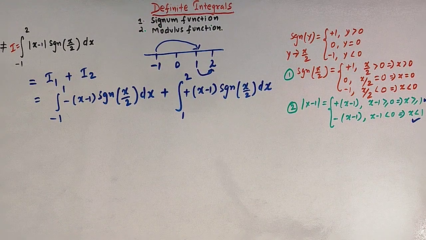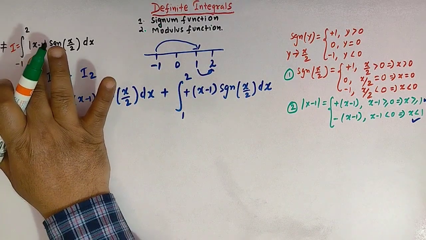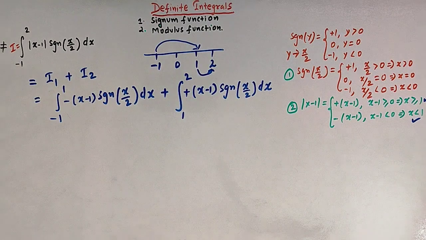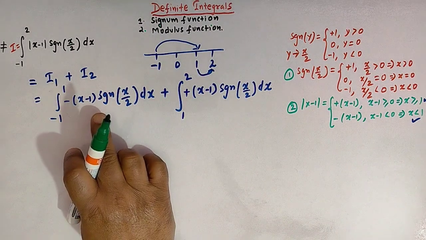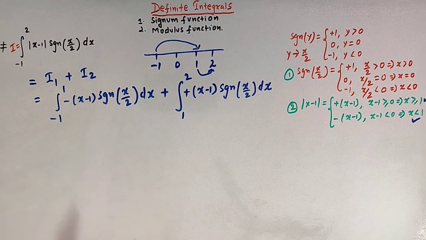So the first step is to take care of the mod function, and due to this the integral can be written as a sum of two integrals. Now we'll take care of the signum function.